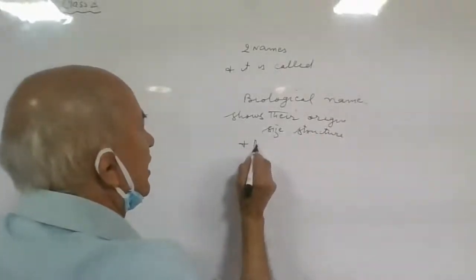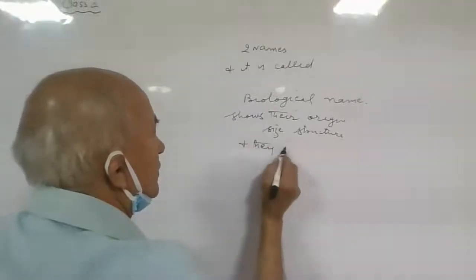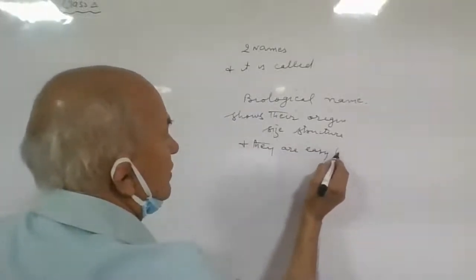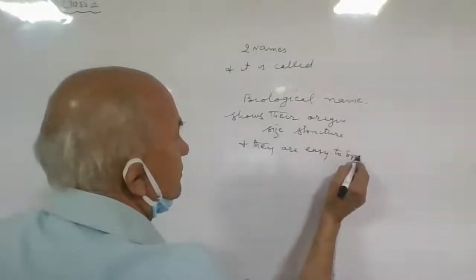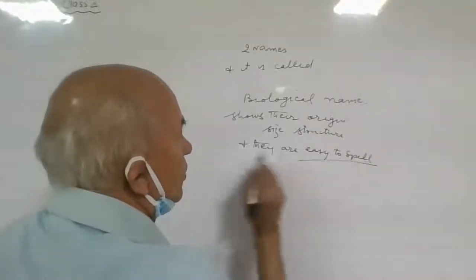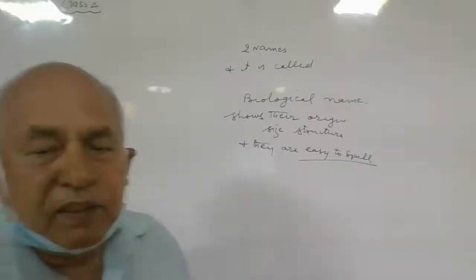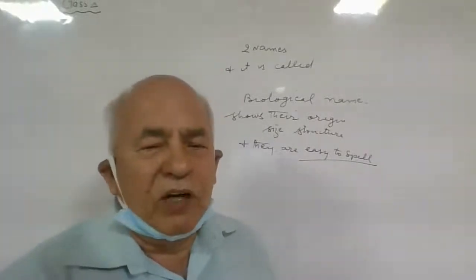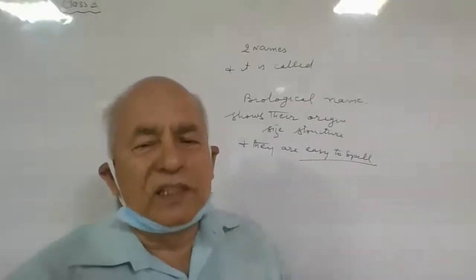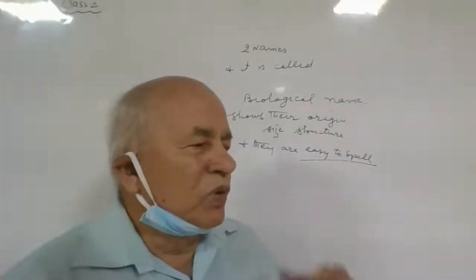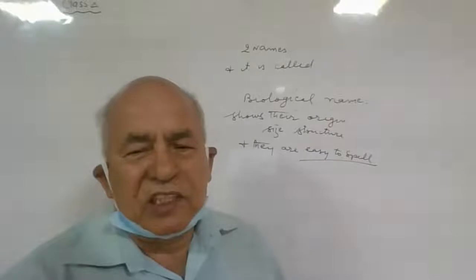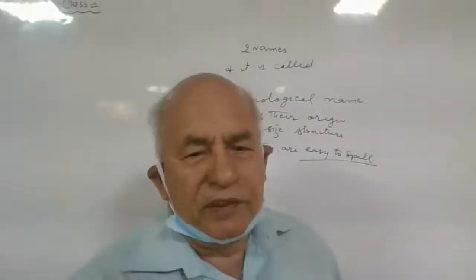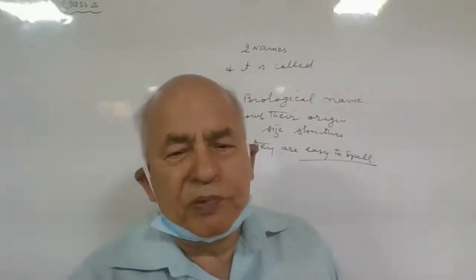And they are easy to spell. No doubt, it is very difficult for us students to spell them out, but for those who have regularly studied these plants again and again, they become very easy to spell out.